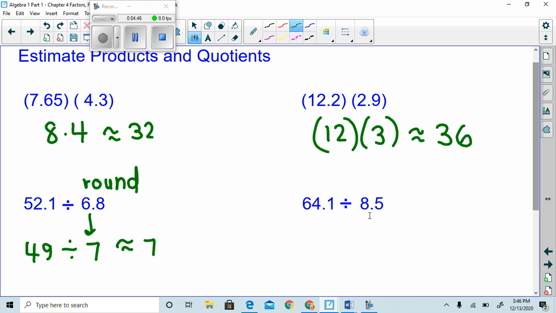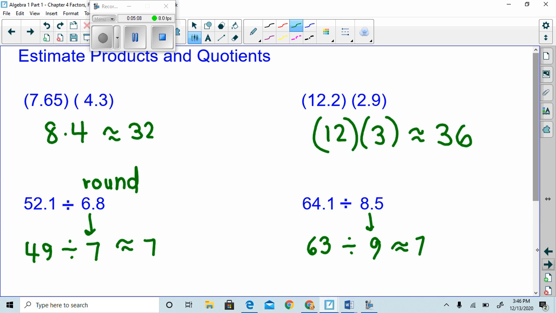A second problem just like this, we'll round our divisor. We'll think of our numbers that are compatible, and I see that I can have approximately 7 for this one. Again, 63, 9 times 7 is 63, which is close to the 64.